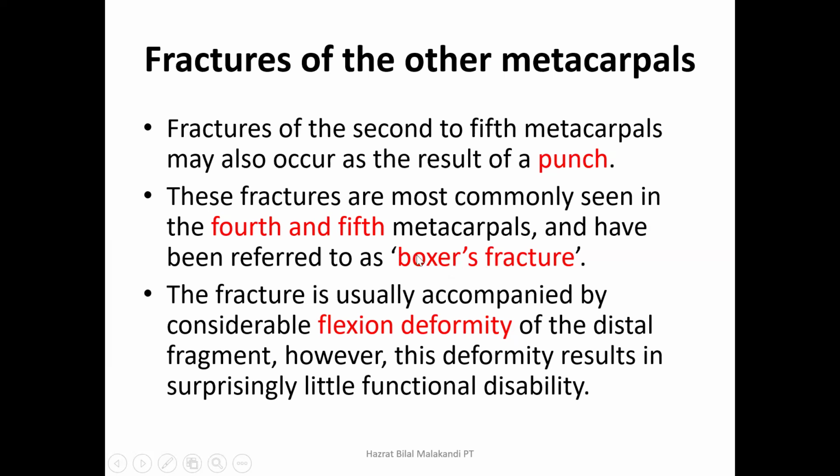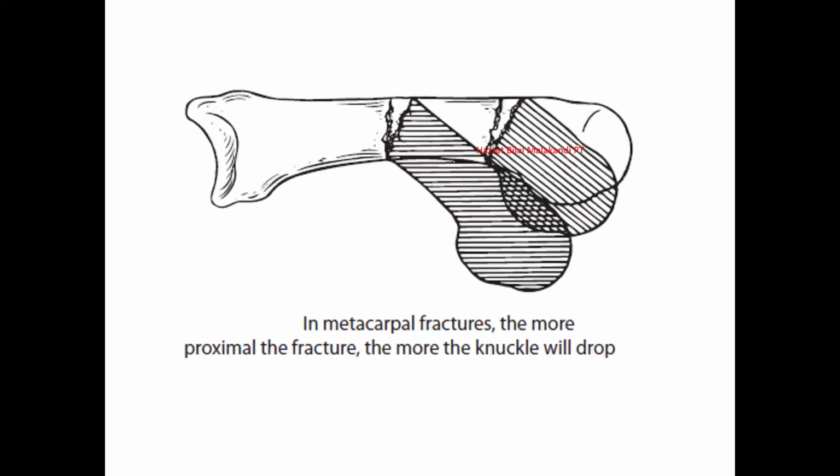So this is very important: these two metacarpals, the fourth and fifth, on the ring side and on the pinky, are commonly referred to as the boxer fracture. The fracture is usually accompanied by considerable angulation deformity of the distal fragment. However, this deformity results in surprisingly little functional disability.